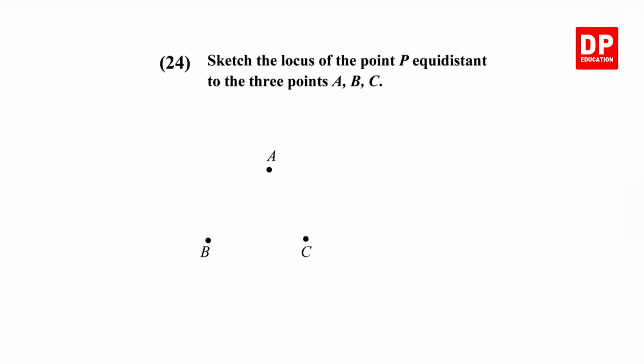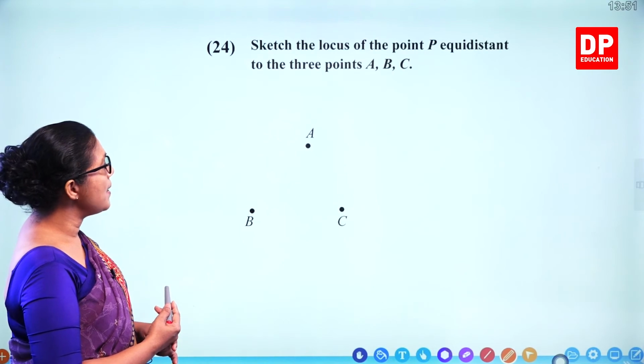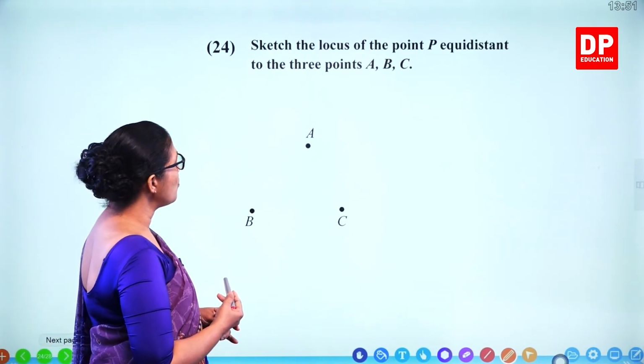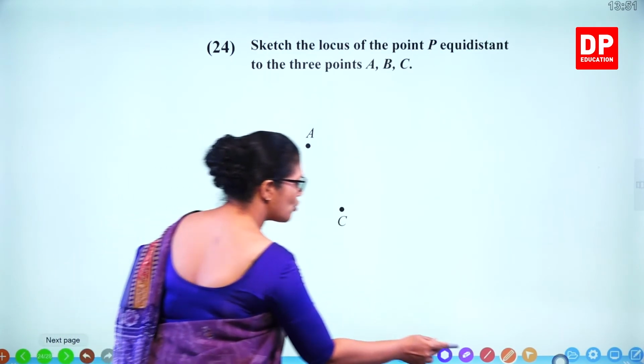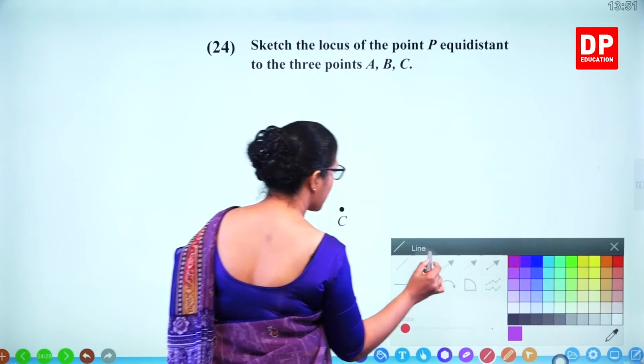Question number 24. Sketch the locus of points P equidistant to 3 points A, B, C. So first find the points equidistant to A and B. What you do is take the perpendicular bisector of these two.